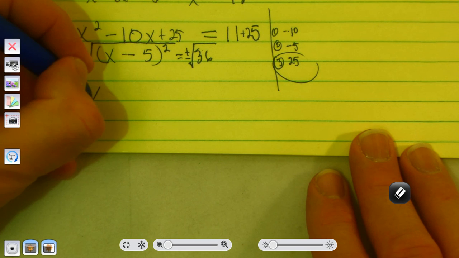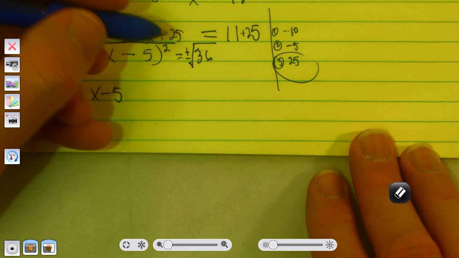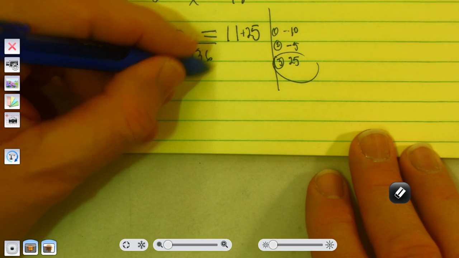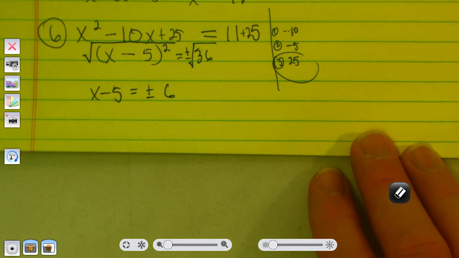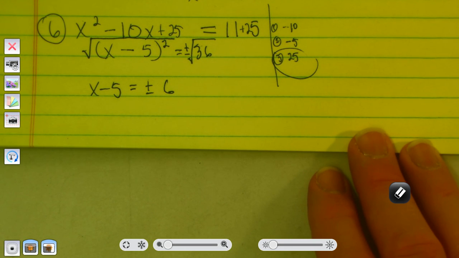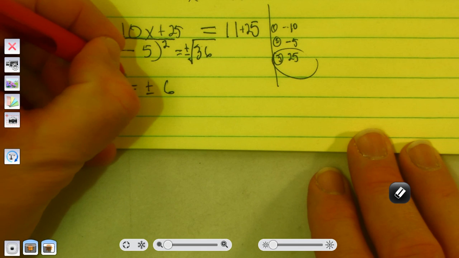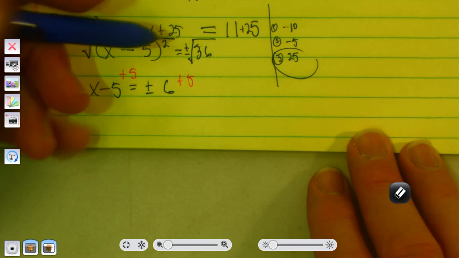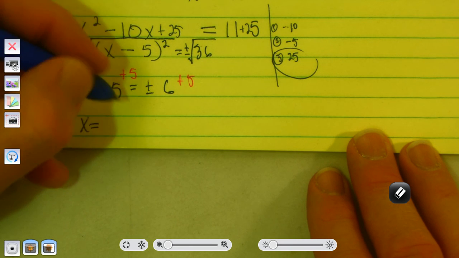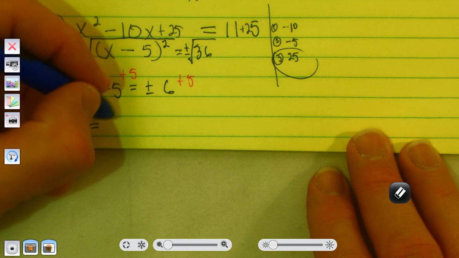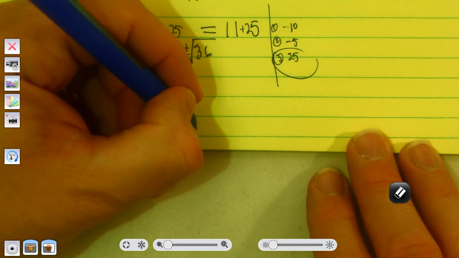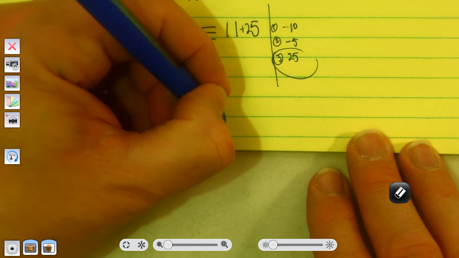Now we want to take the square root of both sides, and we'll get x minus 5 equals plus or minus square root of 36, which is 6. It's another one that works out evenly, which I do like. I need to add 5 to both sides. I'll have two answers because I've got plus or minus 6. So my answers will be x is equal to positive 6 plus 5, or x will be equal to negative 6 plus 5.